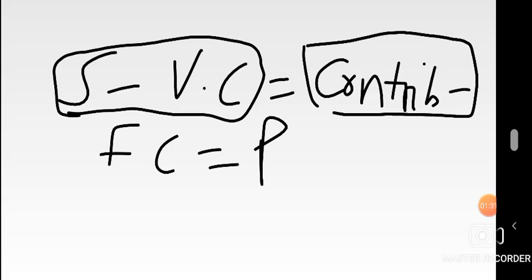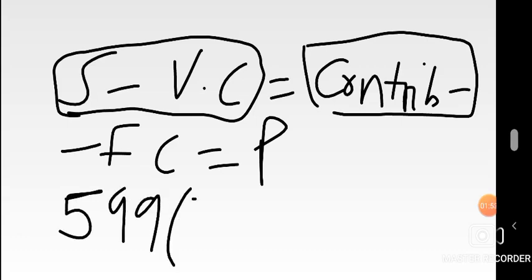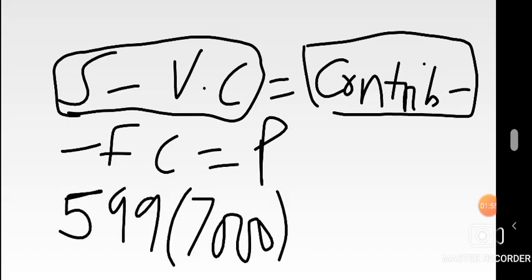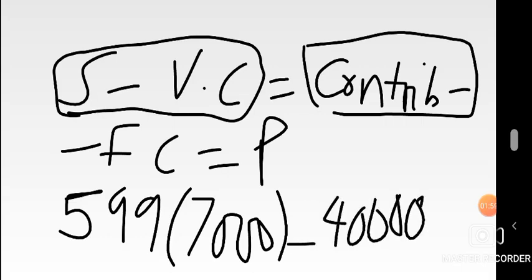That's something you have to know in your cost volume profit analysis. When you are given contribution per unit, this can be multiplied by the number of sales units to get the total contribution, and then you can less it from our fixed costs here, and we'll arrive at our profit. So that's how this question had to be approached. You take your per unit contribution and then less your fixed costs incurred in the period.